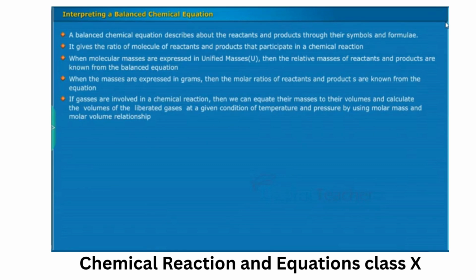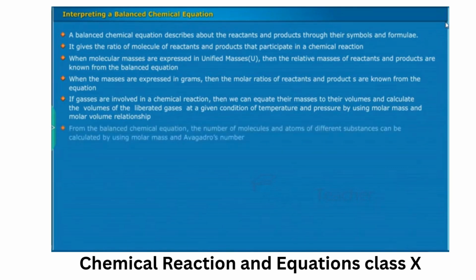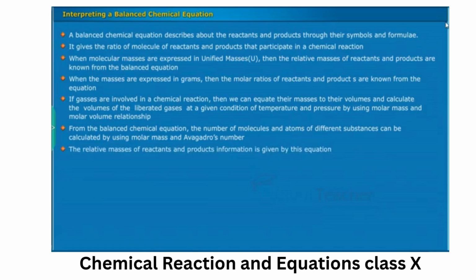and calculate the volumes of the liberated gases at a given condition of temperature and pressure by using molar mass and molar volume relationship. From the balanced chemical equation, the number of molecules and atoms of different substances can be calculated by using molar mass and Avogadro's number. The relative masses of reactants and products information is given by this equation.